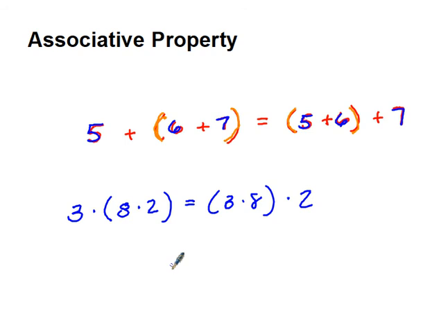Well, notice again, the numbers on the left side, the 3, the 8, and the 2, are in their exact same position or order on the right side. 3, 8, and 2. So if those numbers stay in the same order, all that moved was the parentheses, that is your sign, your indication that we have the associative property.